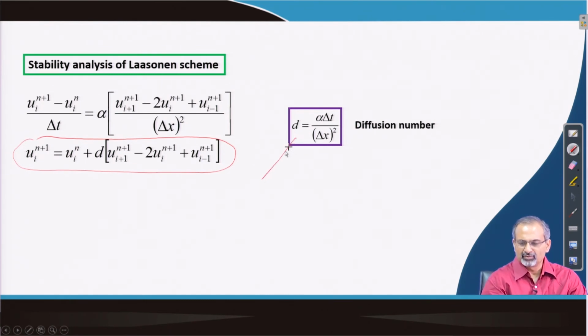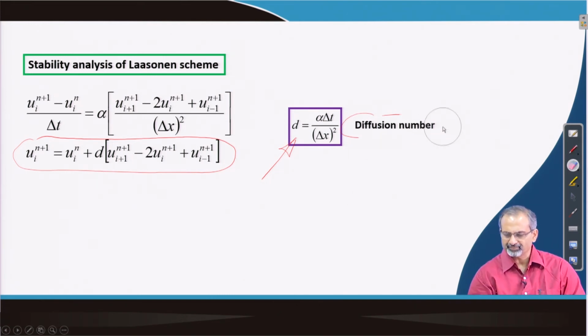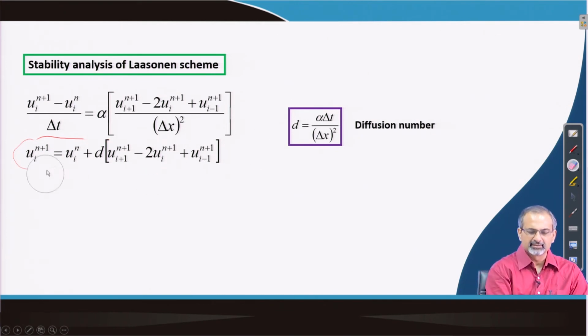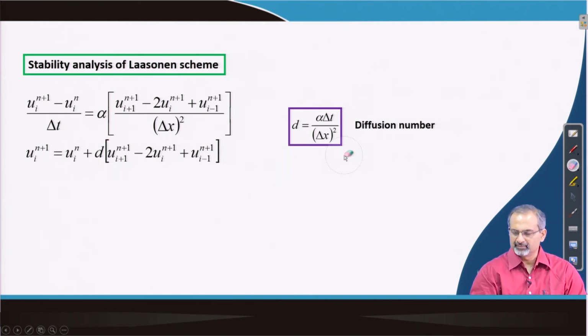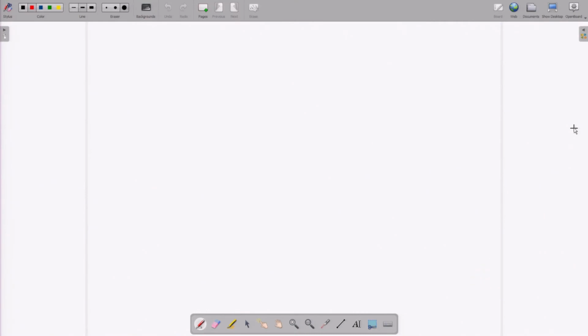We know that D is what is called the diffusion number, and now let us try to see how to work out the stability analysis using the von Neumann stability approach. According to the von Neumann stability approach, we will replace all these terms by Fourier terms.